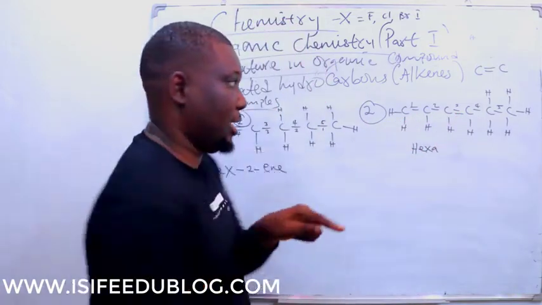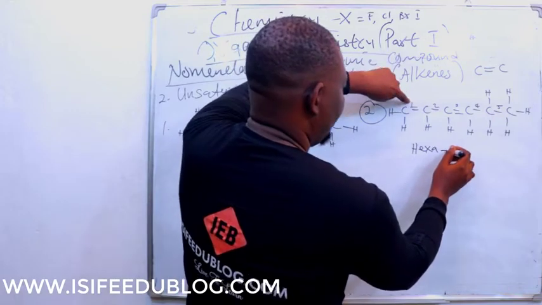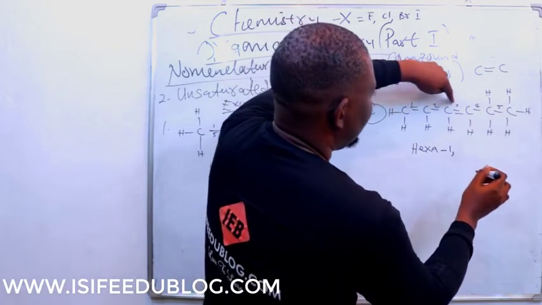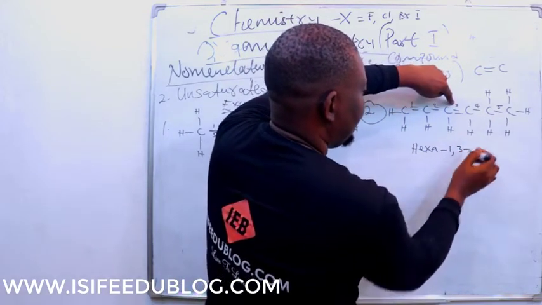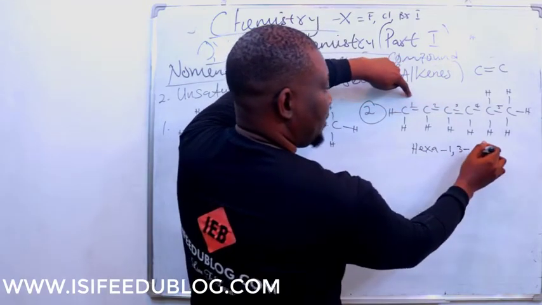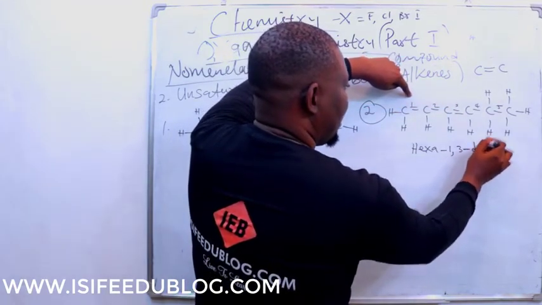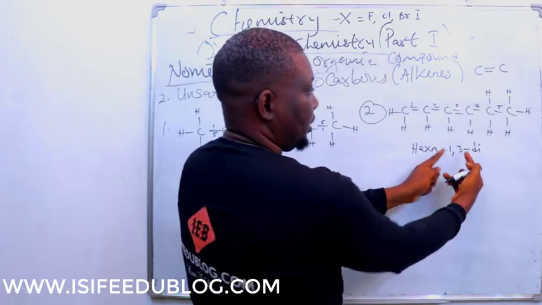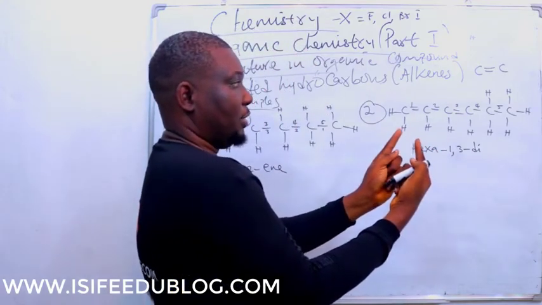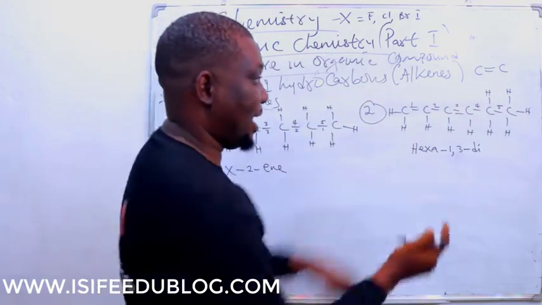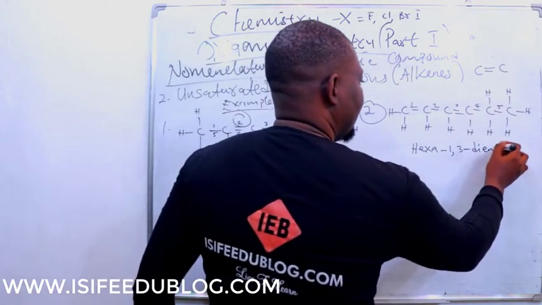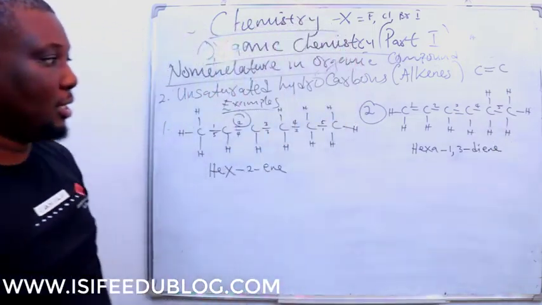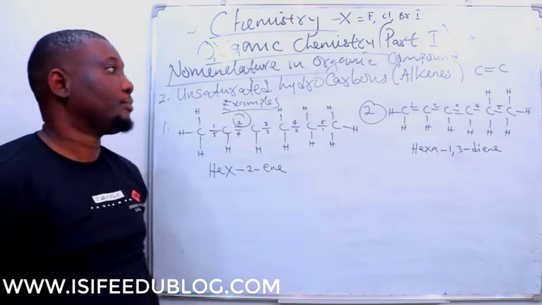Mention their position: the first one is in position 1, comma, the other one is in position 3. And since there are 2, before you write ene, you must put di, showing that the 2 double bonds are in different positions. So this is hexa-1,3-diene.